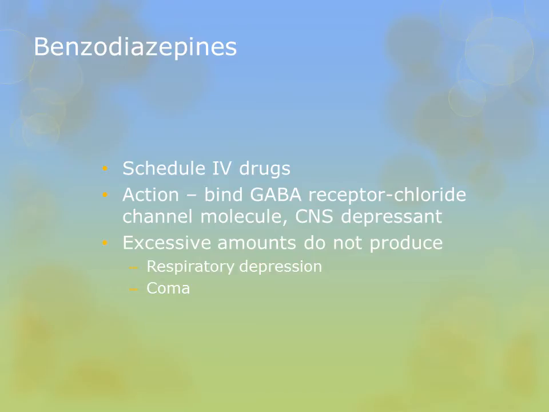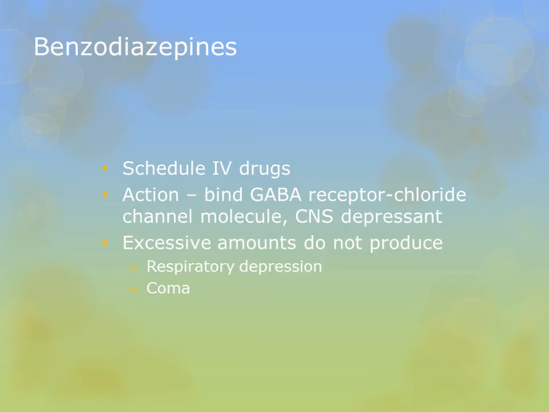They inhibit, let me take that back. They don't inhibit GABA. They enhance GABA. Now, what is GABA? GABA is gamma aminobutyric acid. You're probably saying, what the hell does that mean to me? I don't know any more than I did before.